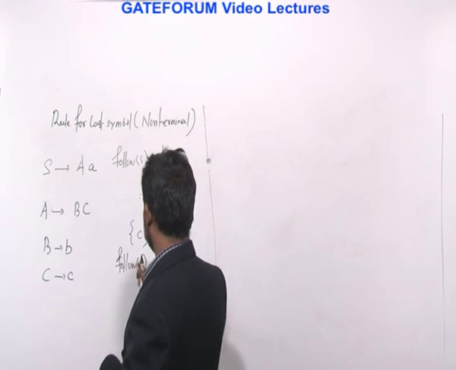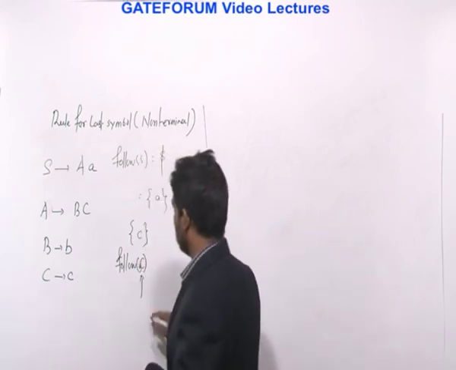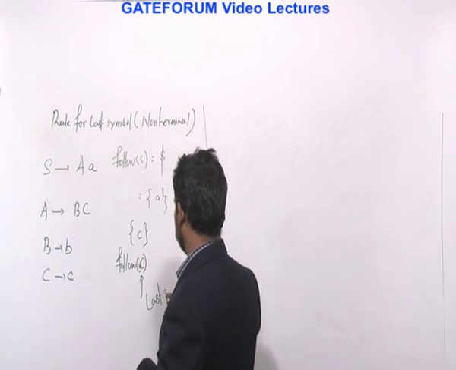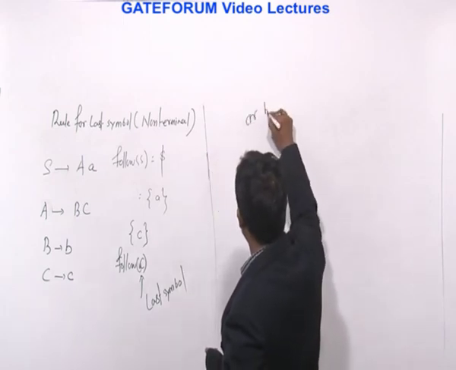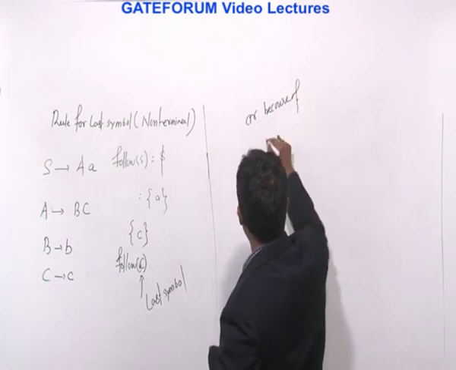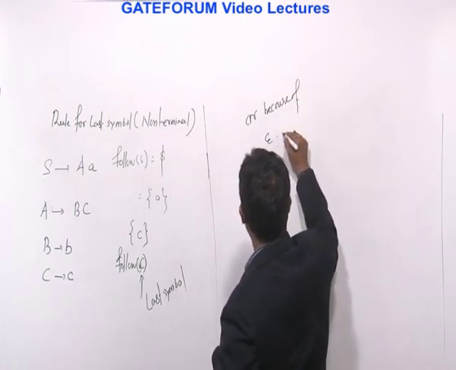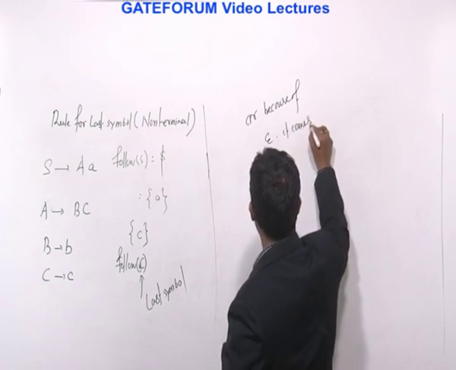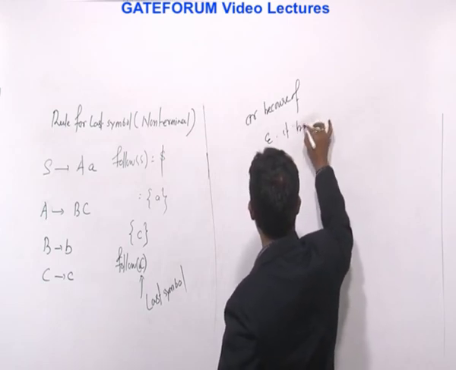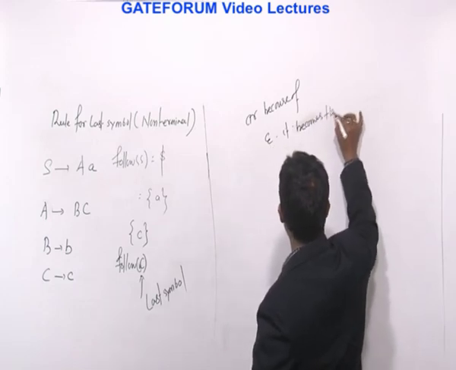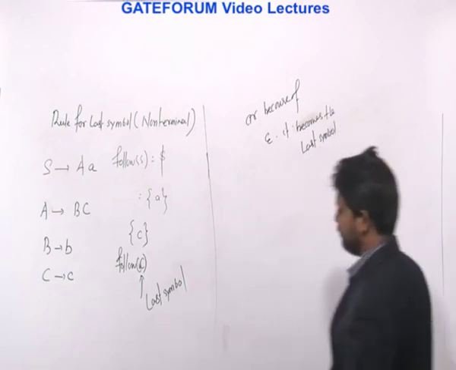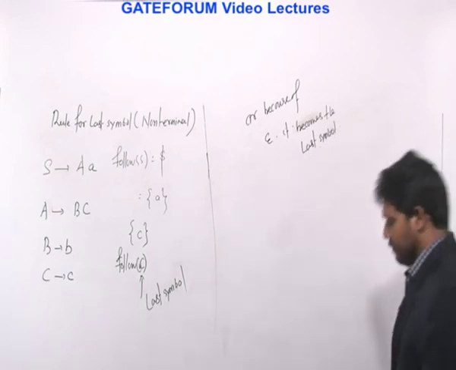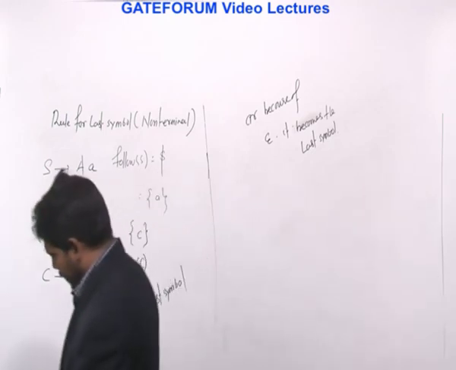The follow of C calculation is the calculation for the rule for the last symbol, or because of epsilon derivation, it becomes the last symbol.